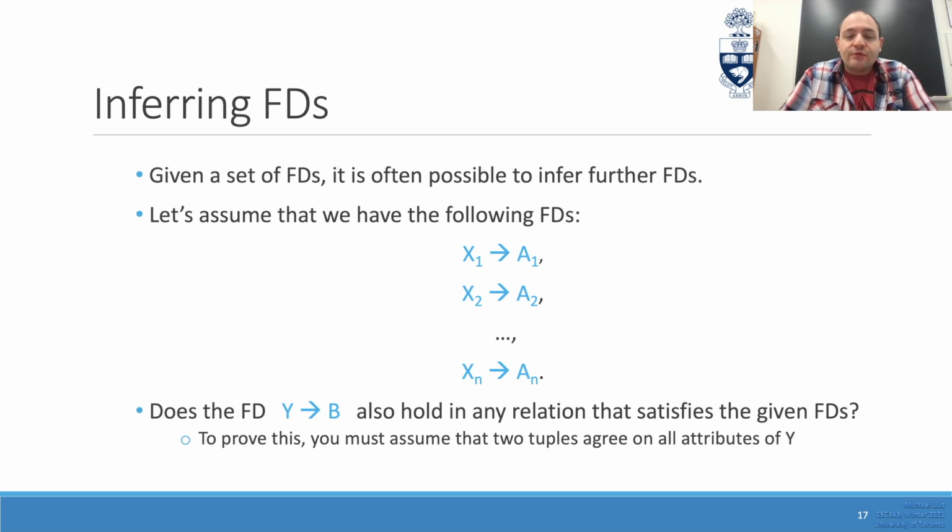So if we assume, for example, x1 infers a1, x2 infers a2, all the way down to xn infers an, well, does the functional dependency y infer b also hold in any relation? Well, what we need to do, given any functional dependency that we're trying to see if it makes a connection, to prove it, we must assume that two tuples agree on all attributes of y.